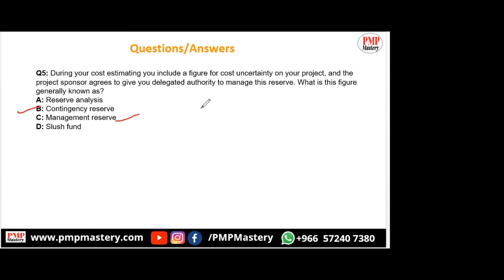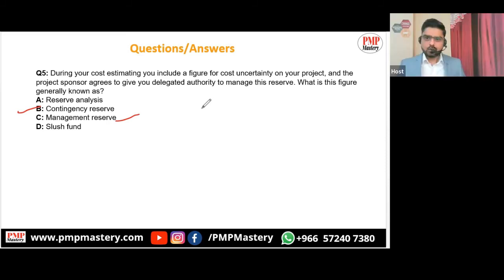If it's unknown, then it comes to management reserve. But it's known, so yeah, I selected contingency reserve. How do you know it is a known unknown? Where is it mentioned known, unknown in this question? It is not mentioned here. Only it is indicating uncertainty.